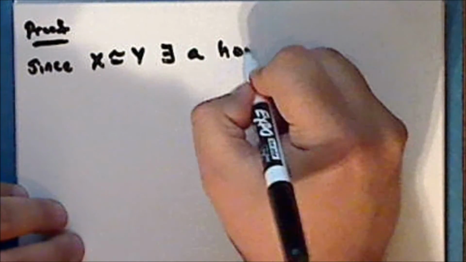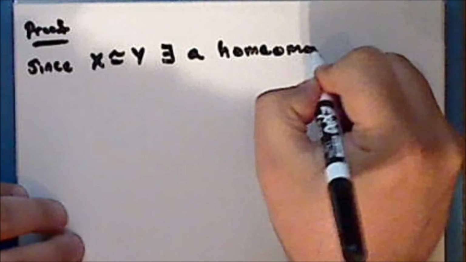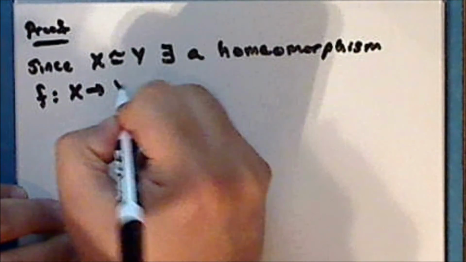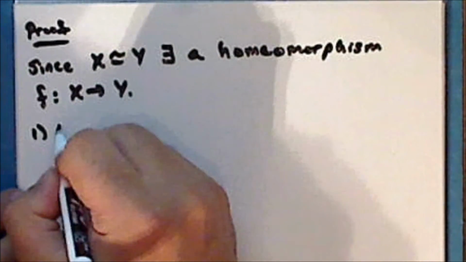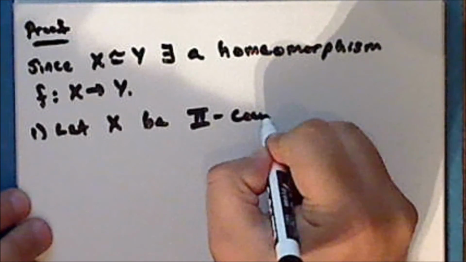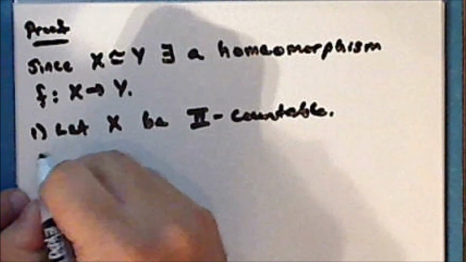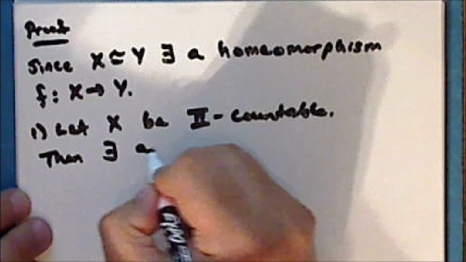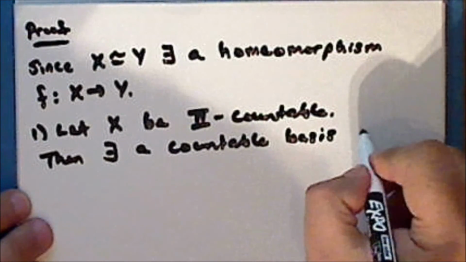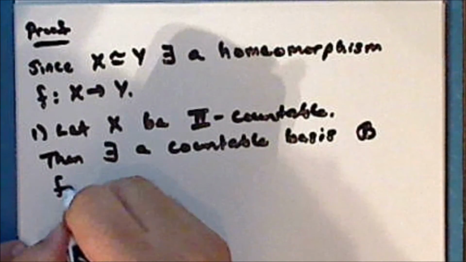So, proof. Since the space X is homeomorphic to the space Y, there exists a homeomorphism, which we will call f, mapping X into Y. So let X be second countable, then there exists a countable basis, which we'll call script B, for the topology tau.